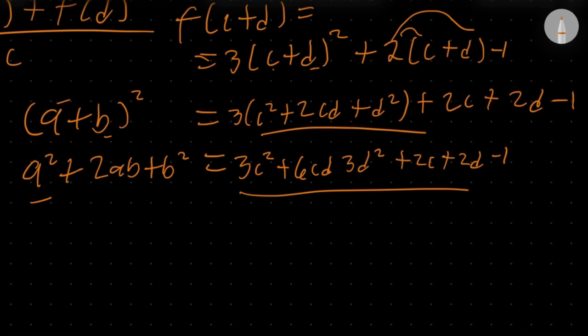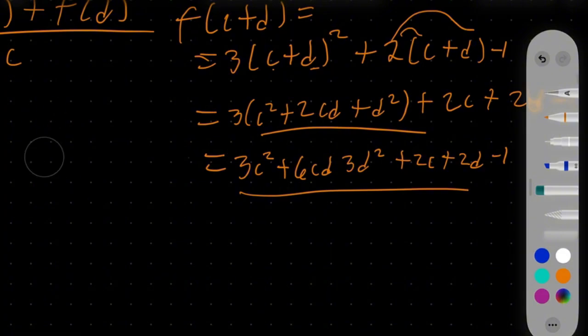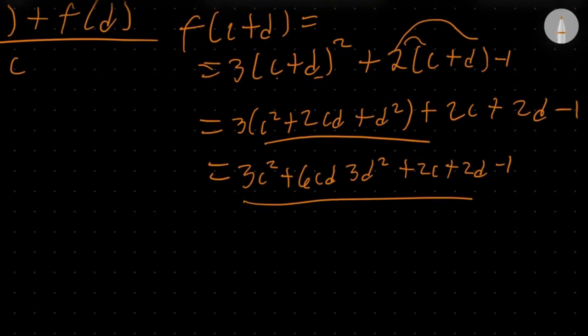Therefore, f of c plus d is 3c squared plus 6cd plus 3d squared plus 2c plus 2d minus 1.